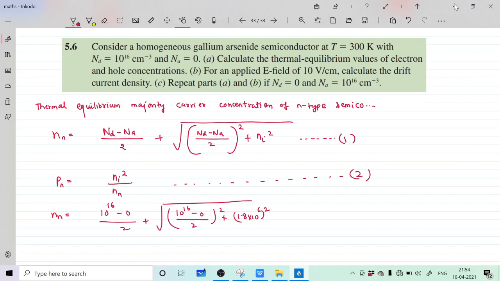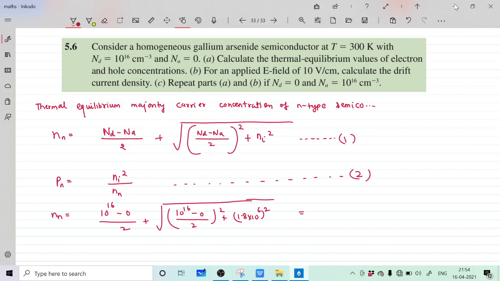Okay, because at 300 Kelvin the intrinsic carrier concentration is 1.8 into 10 raised to 6 for gallium arsenide.